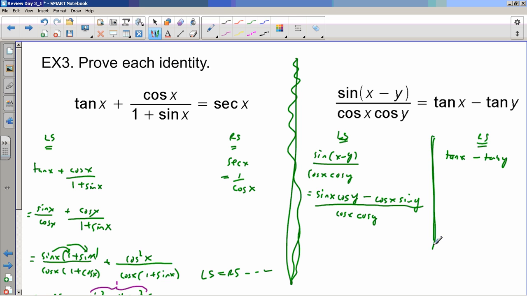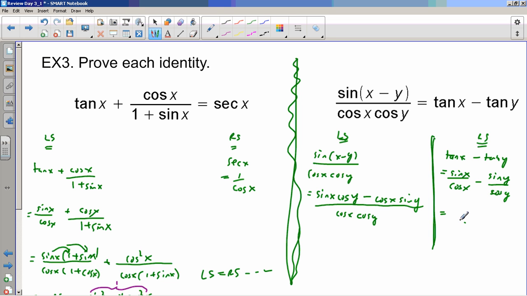So how are we going to proceed? Well, I might be looking over here, right? Because tan x and tan y, maybe I'll write those as sines and cosines, since the left side has only sines and cosines. And right away, over cos y, having a look, on the bottom I've got cos x cos y, and when I get a common denominator here, is this going to work out?